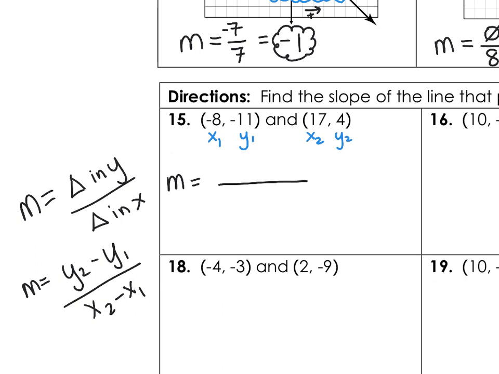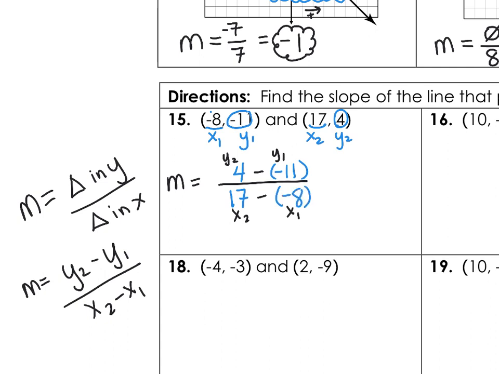I just realized that that's so loud when I'm writing, and I'm sorry. y2 minus y1, x2 minus x1, and I'm just going to plug in those numbers. So my y2 is 4, right here. My y1 is -11. My x2 is 17. And my x1 is -8.